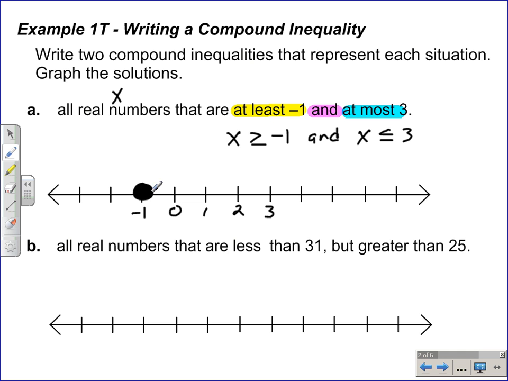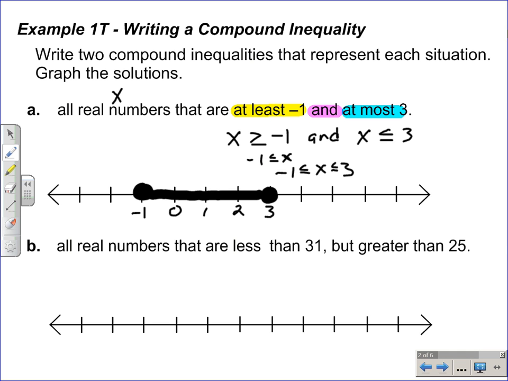We're going to shade all numbers to the right, but we're also going to have to stop at 3. It's going to be all numbers in between. Let me show you how we change this inequality around. I'm going to rewrite it as -1 is less than or equal to x. So we can overlap these x's to rewrite this as -1 is less than or equal to x is less than or equal to 3.